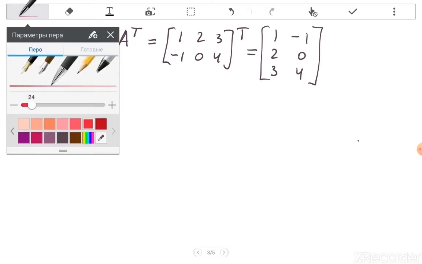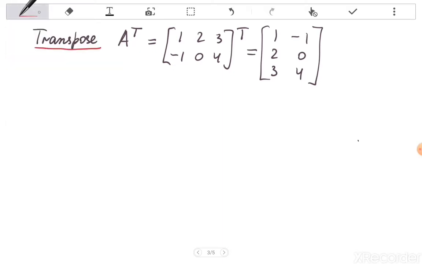And also we can introduce the sum of two matrices, the addition operation.